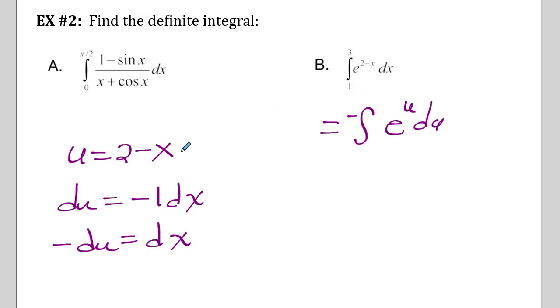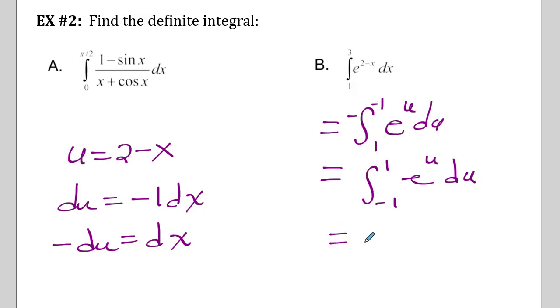If I plug in a 1, then my new lower limit is going to be 1. And if I plug in 3, my new limit is going to be negative 1. Okay, so because we've got the lower number on top, we've got to flip this, and that's going to cause the whole thing to be negated. So we get the positive integral from negative 1 to positive 1 of e to the u du.